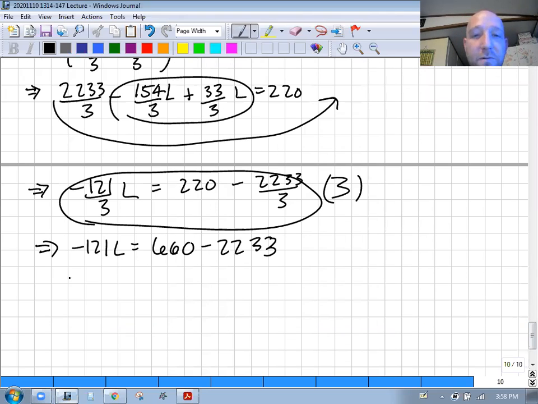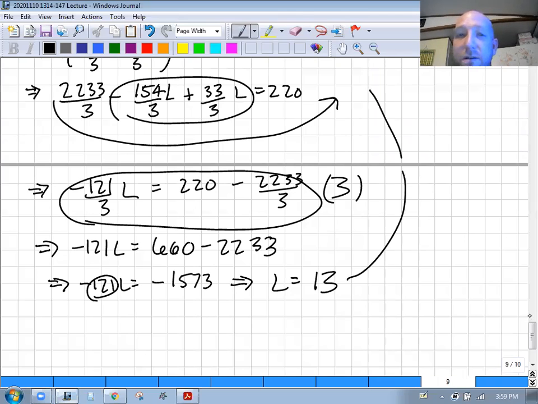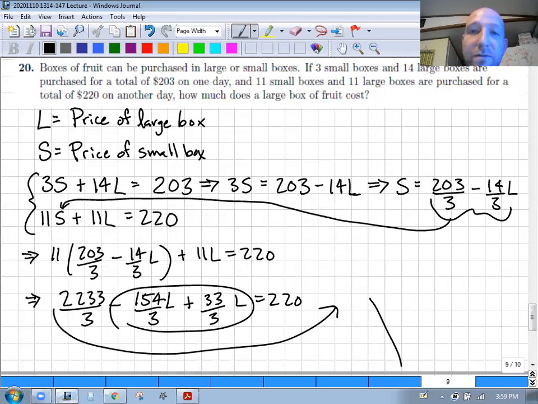We got negative 121L equals 220 times 3, 660, minus 2,233. All right, so negative 121L equals 660 minus 2,233, negative 1,573. So divide that by 121. It's 13. So that's our answer. That's the price of a large box, $13.